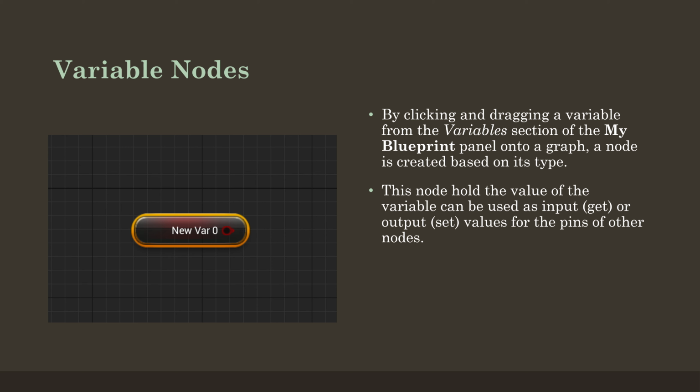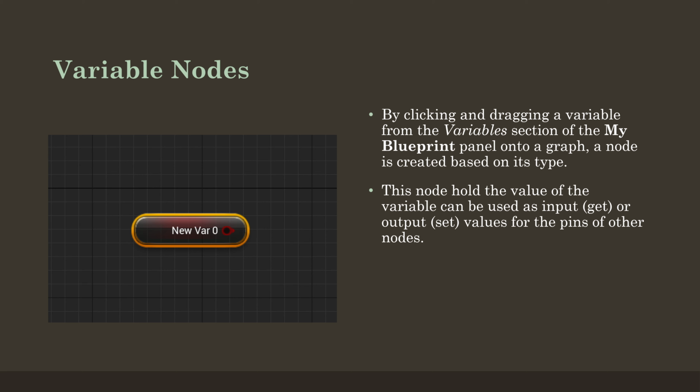So we initially create variables under the variables section under My Blueprint using the Blueprint editor for any object or any actor, which is an object. We can then, if we want to change the name, change the type and make it Instance Editable. Instance Editable, while slightly confusing wording, just means is this public or not. If it's public, it can be edited by the Unreal editor or potentially other blueprints as well.